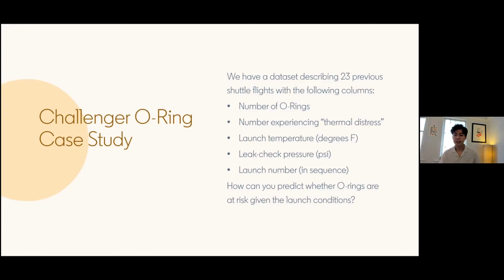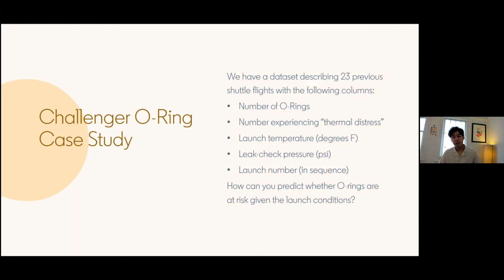And now our task is to explain, okay, what is our thought process in approaching this machine learning prediction problem? Some things that we might be thinking about is, okay, what is actually the prediction task, right? We want to know whether O-rings are at risk given the launch conditions.